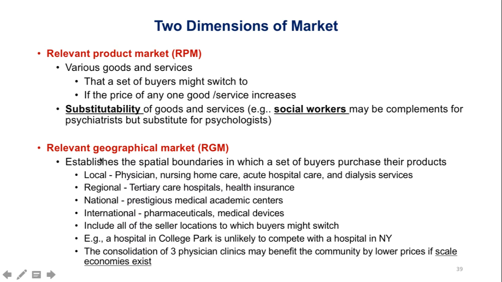The second factor you have to determine is the relevant geographical market, which establishes the spatial boundaries in which a set of buyers purchase the product or service. You have to look at local, regional, national, and international boundaries, which include all the sellers' locations to which buyers might switch.